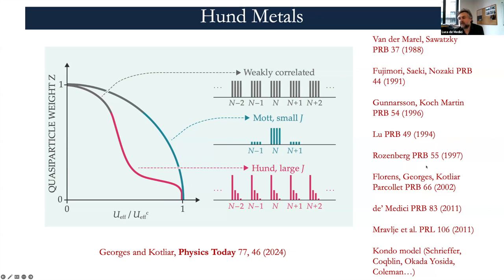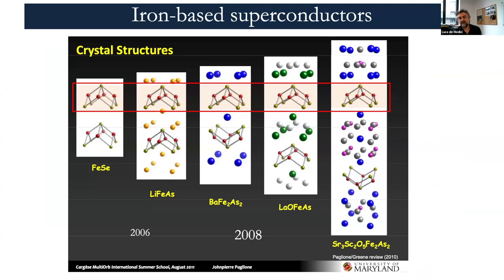But this came out when people were trying to understand why, on the basis of the bare energy scales, some materials were expected to be insulators and were metals, or vice versa. Another recent historical point is that in the research of iron-based superconductors, the actual word Hund metal came about.